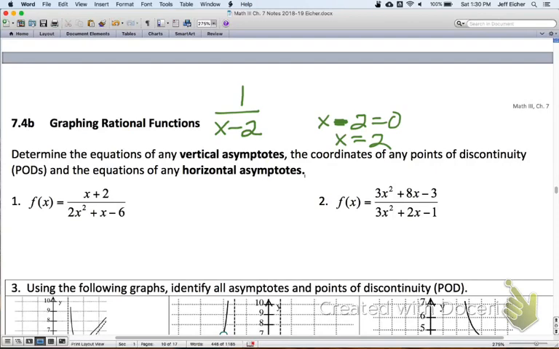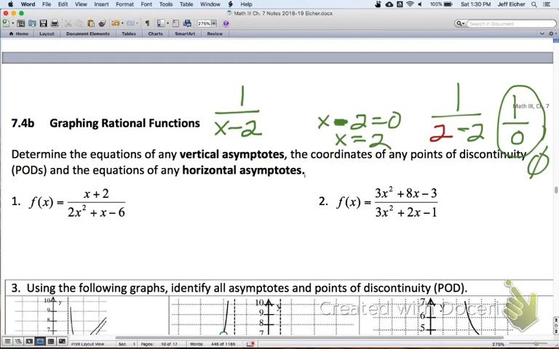I hope that makes sense. If you had this equation, put a 2 in for x minus 2, it would be 1 over 0. That is undefined. 1 divided by 0 is not defined. It makes no sense. You can't have 1 of something that never existed.